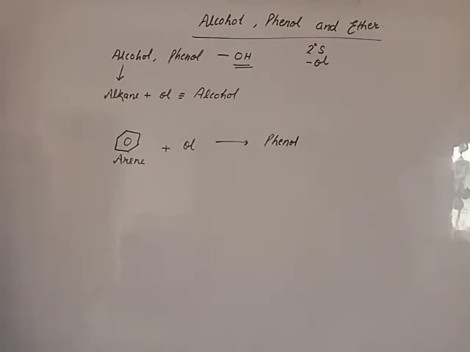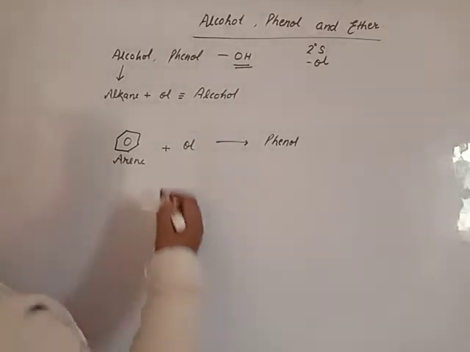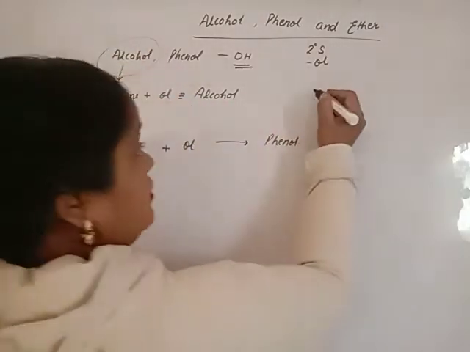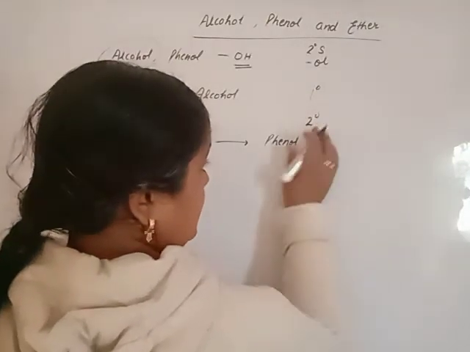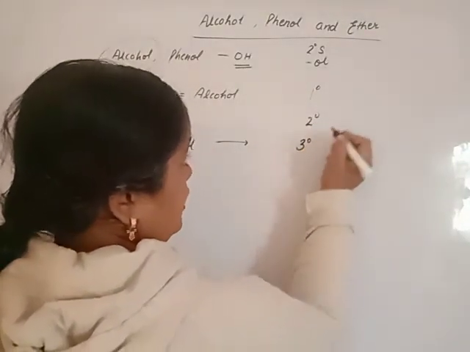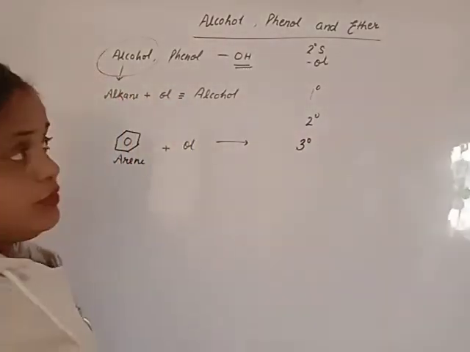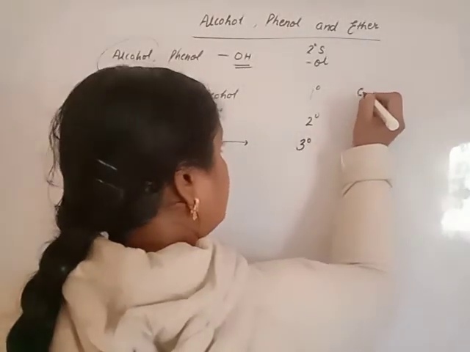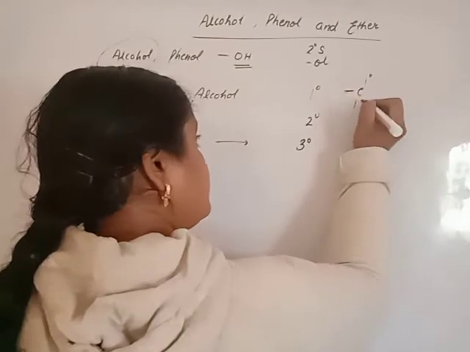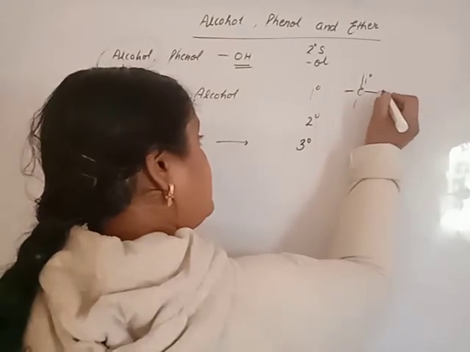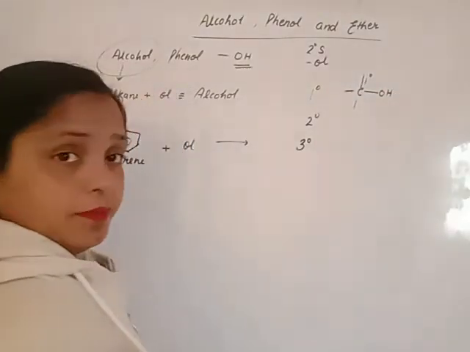Clear? Beta, we have three types of alcohol: primary alcohol, secondary alcohol and tertiary alcohol. In primary alcohol, the OH group is attached to the primary carbon.